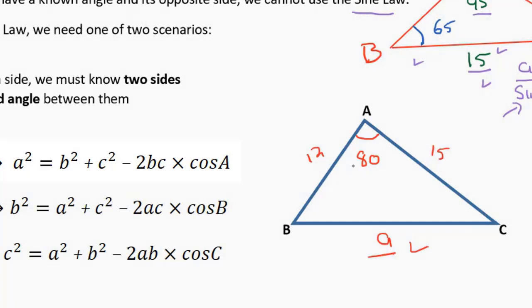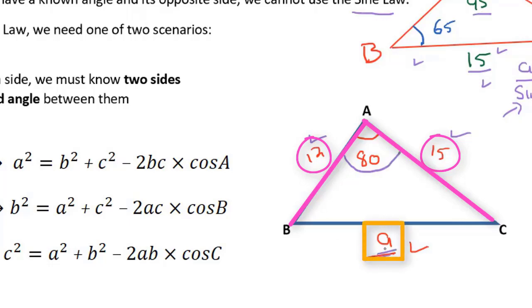So on this diagram, this is the length of B, this is the length of C, and A is the enclosed angle. To use the cosine law to calculate the length of A, we must have the information on this diagram.